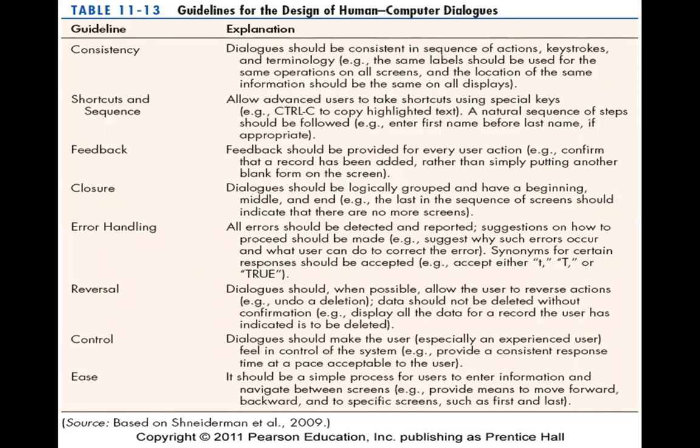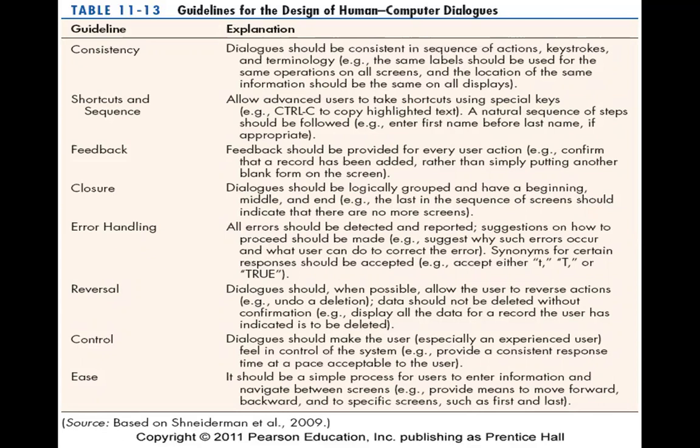So what does it say? Dialogues should be consistent in the sequence of actions, keystrokes, and terminology, i.e. the same labels should be used for the same operations on all screens, and the location of the same information should be the same on all displays. So be consistent, irrespective of which dialogue you're in, you must be consistent.